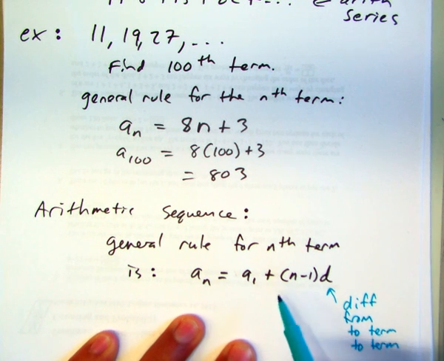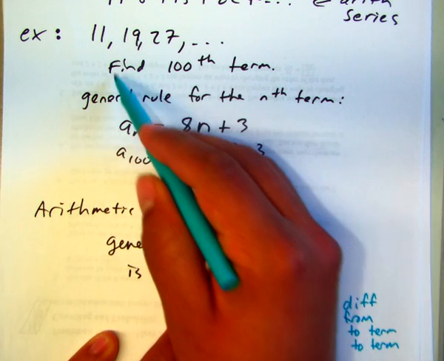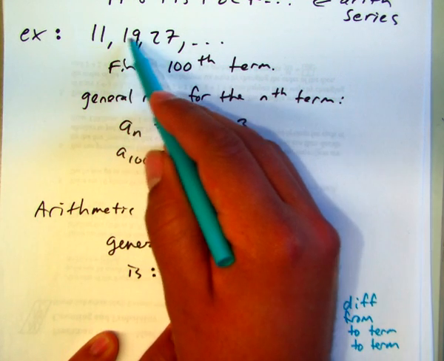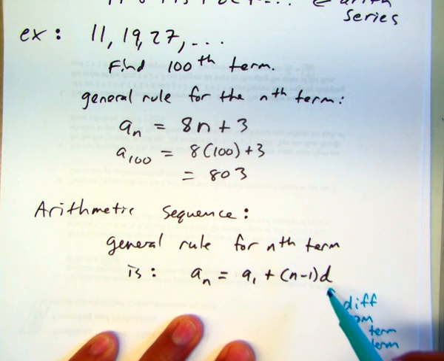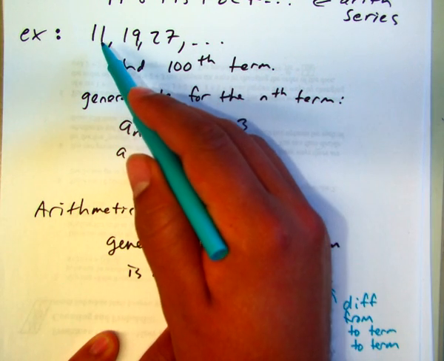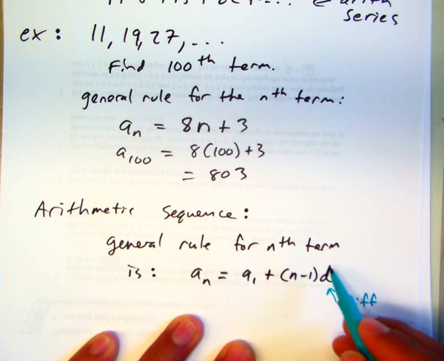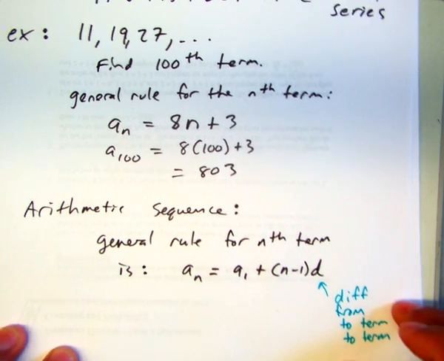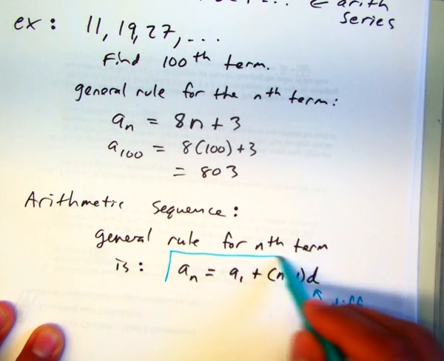So if things are increasing like they were here, positive 8 would be the value for d. If the sequence is decreasing, then this will be a negative value for d. Okay, but this is your general rule.